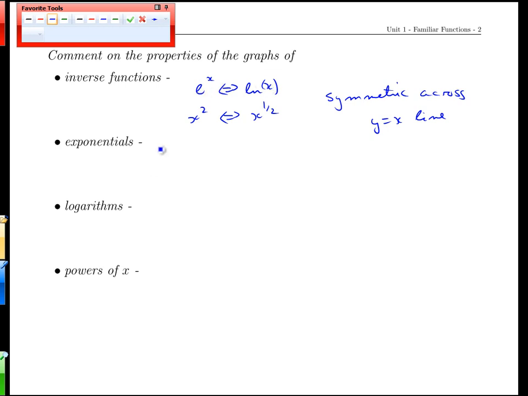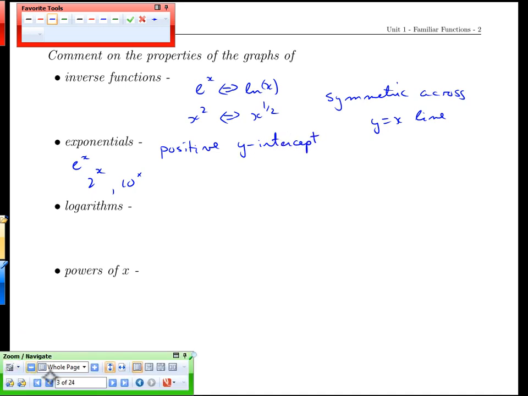Exponential functions have a few features. If we're talking about e to the x, or I won't go to a general base yet, but a base like 2 to the x or 10 to the x, the simple ones, these always have a positive y-intercept.